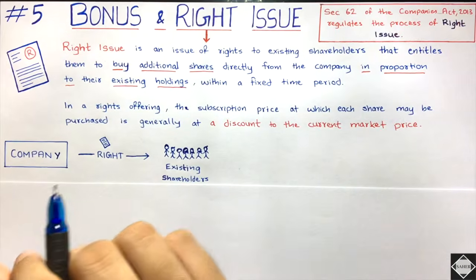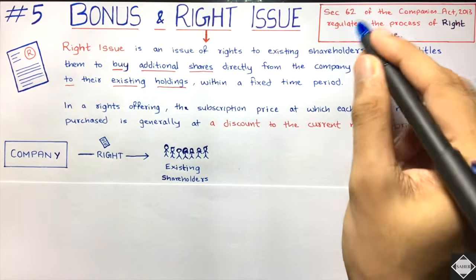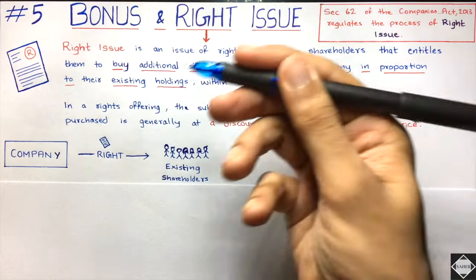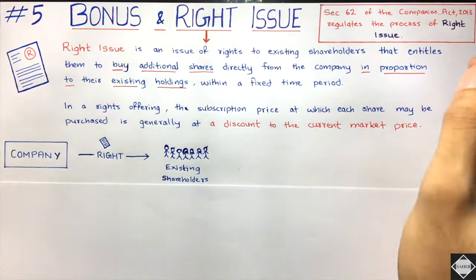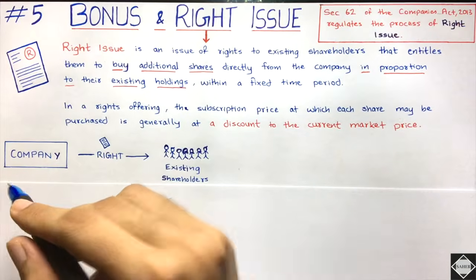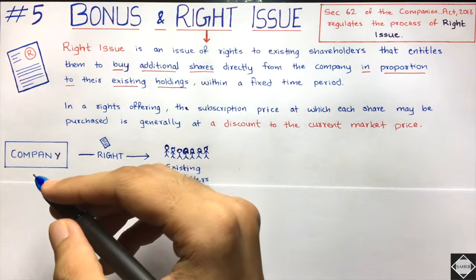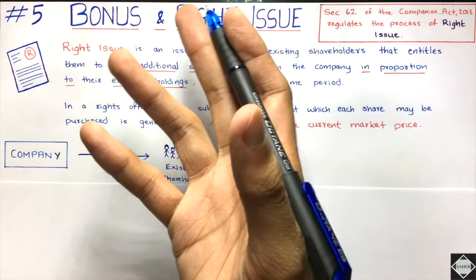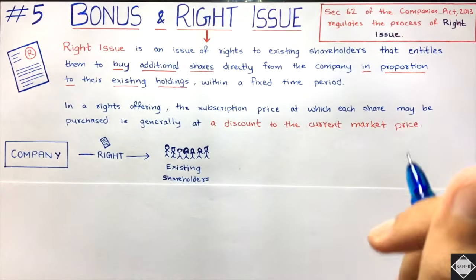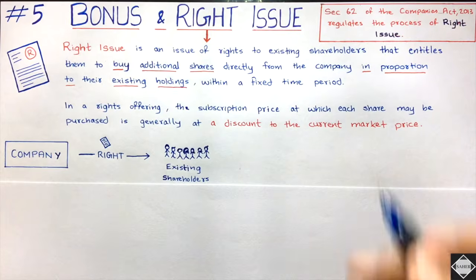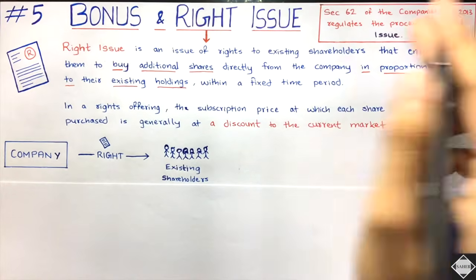No, of course not. Because Section 62 of the Companies Act 2013 will come in between. Why will Section 62 come in between? If the company wants to get funds, if the company wants to issue equity shares, then the company should be able to do that, isn't it? That's what you're thinking, but no. There is a reason for that. Let's understand why Section 62 is coming in between.